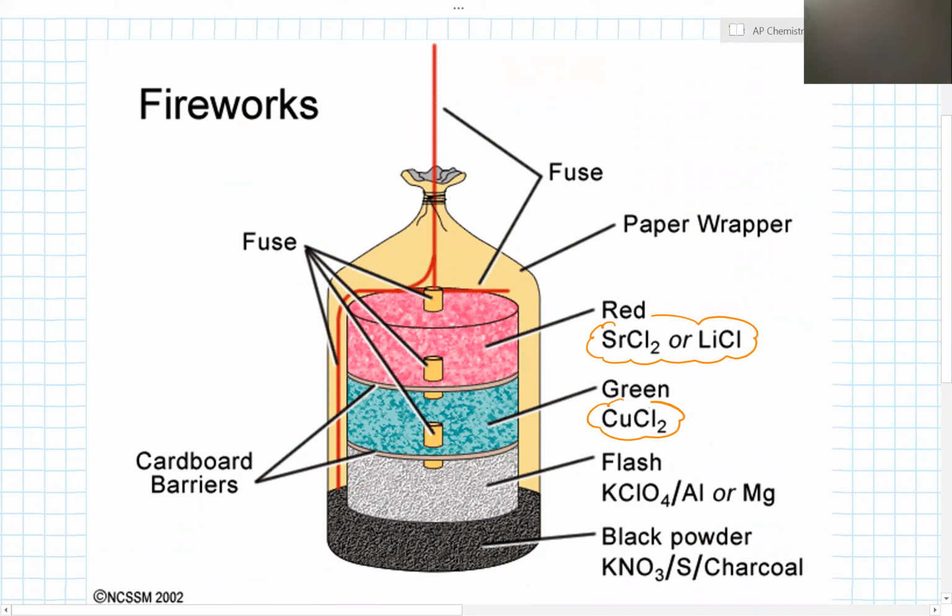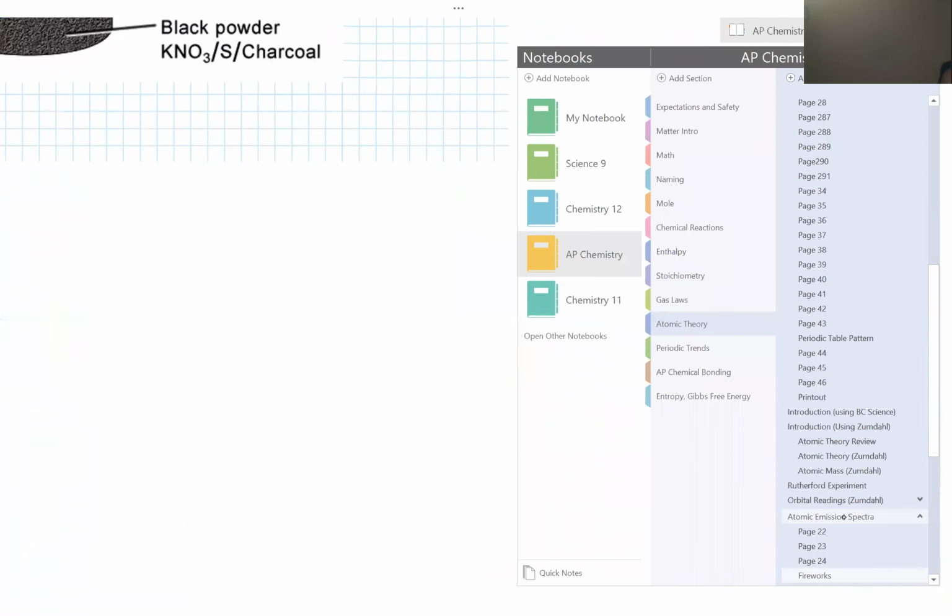You get different light given off because the elements have a different electron configuration, and depending on how many electrons are being excited and coming back down, you get different colors of light.